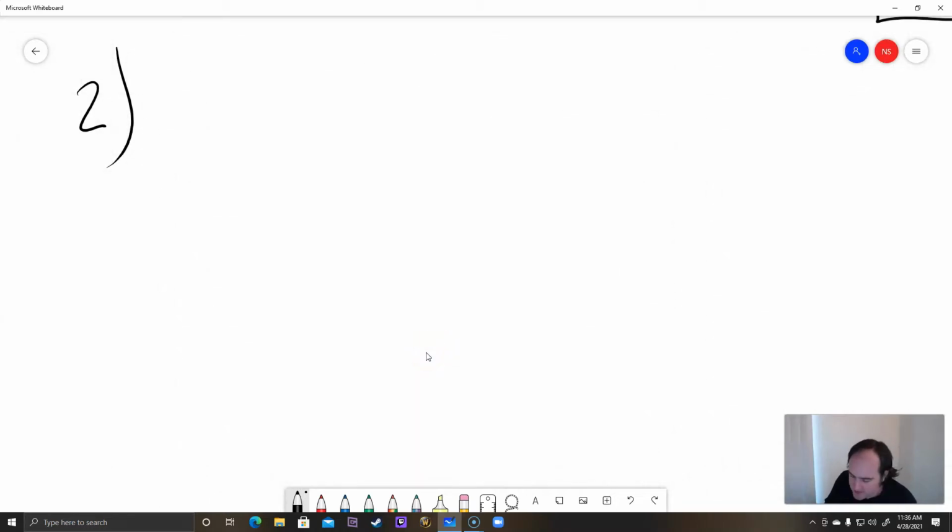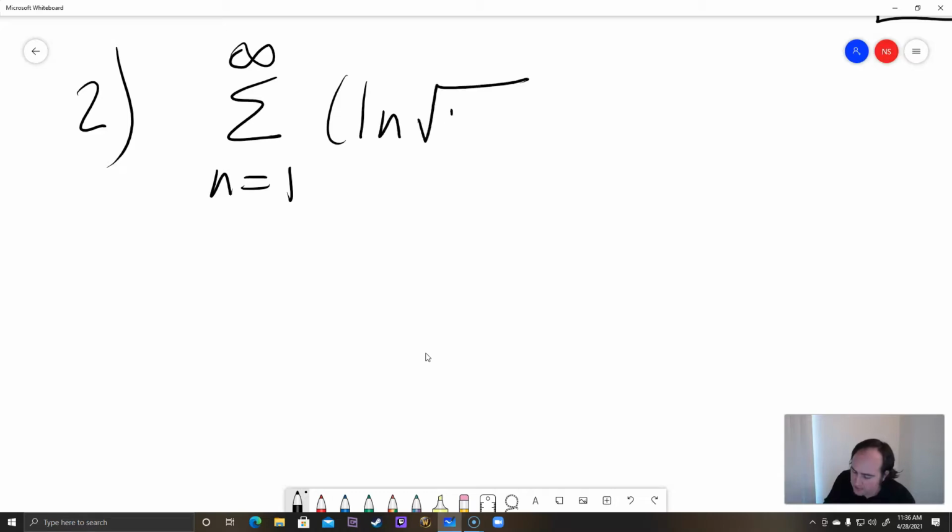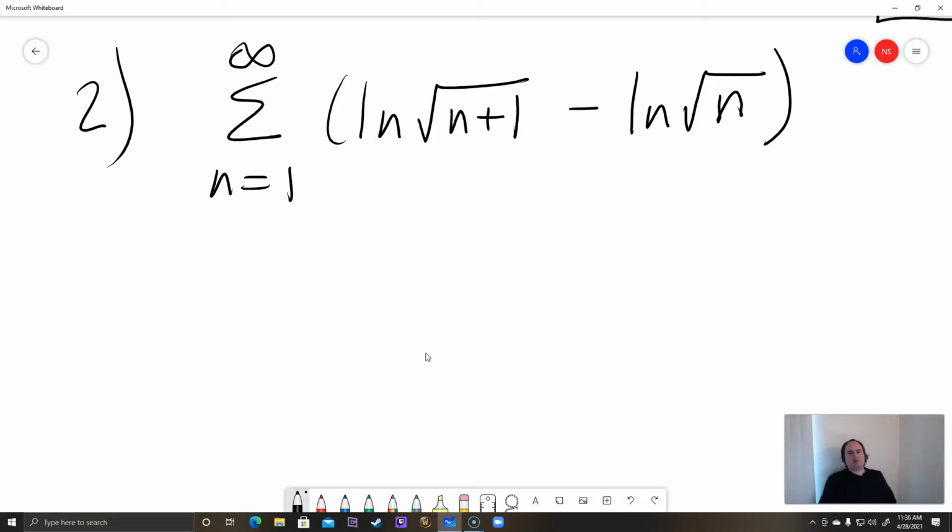For this one, we have the sum from n equals 1 to infinity of ln of root n plus 1 minus ln of root n.